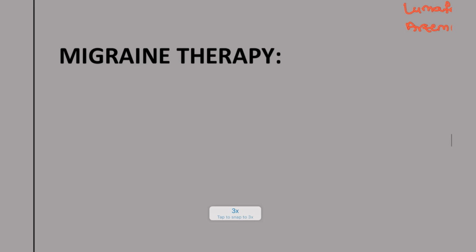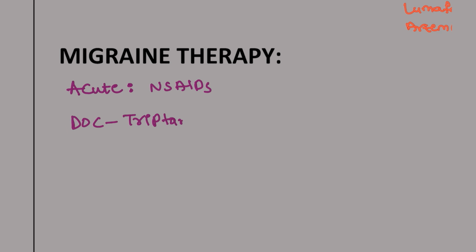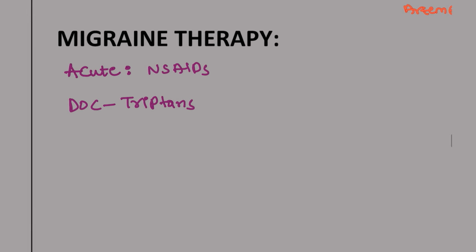Next, coming to migraine. The drugs that we are going to use in the acute stages: for those presenting with acute stages, I can give NSAIDs. If I say the drug of choice for this patient, then I'm going to give triptans. These are the main drugs that I'm going to use.